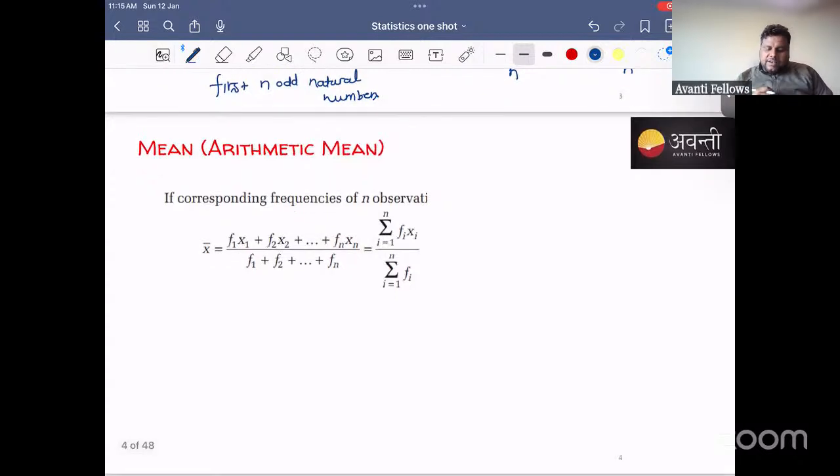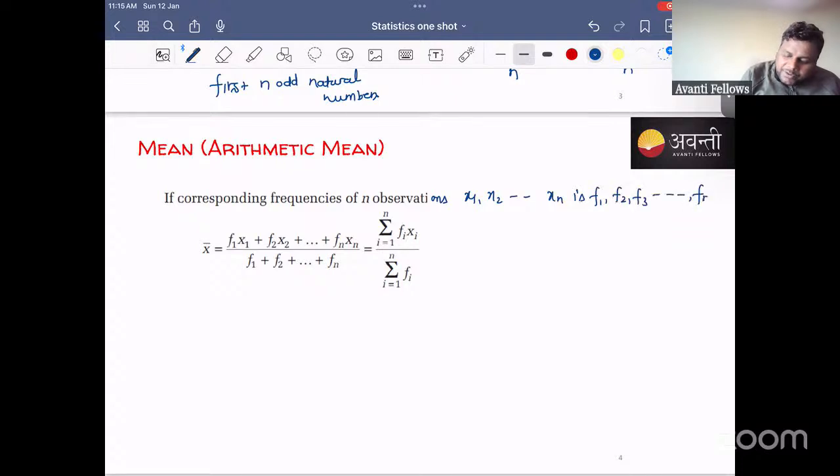Now, arithmetic mean when we have the frequencies of n observations. If the corresponding frequencies of n observations x1, x2 up to xn are f1, f2, f3 up to fn. Let me give you an example.